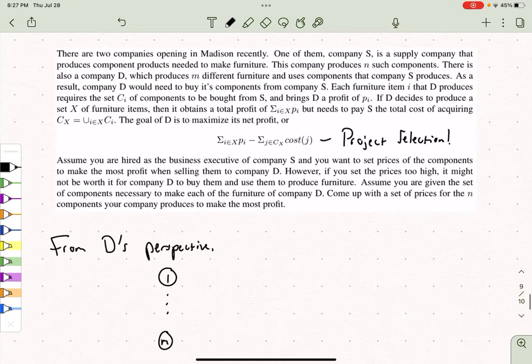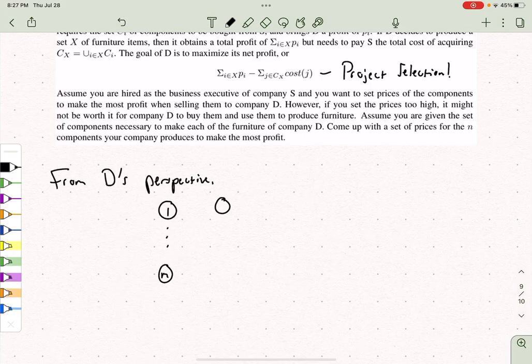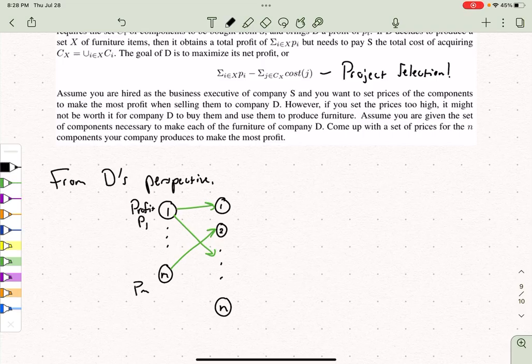So we have also N components, 1 up to N. And for each furniture thing, we have some number of components required to build it, and then for each node we get some profit, P1 to PM, but these components have a cost C1, C2 to CM.